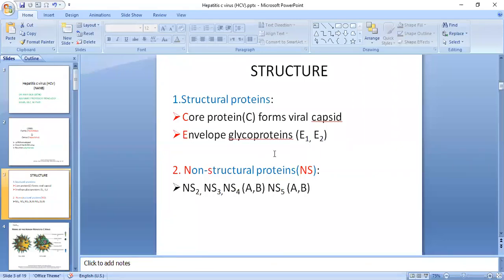And the non-structural proteins, NS means non-structural protein. These are divided into numerous proteins, NS2, NS3, NS4, and these are the different antigens.